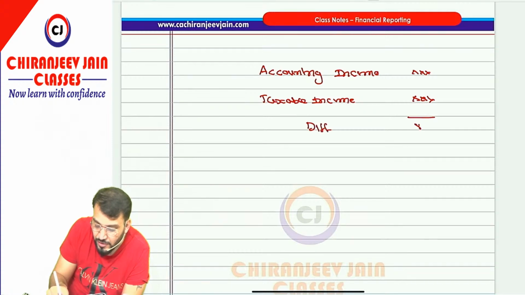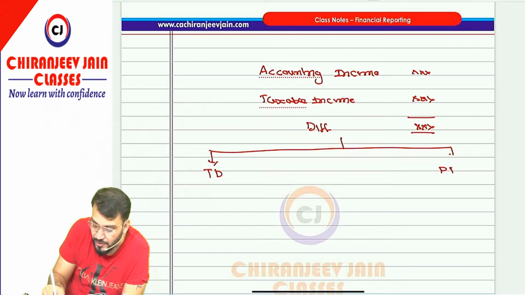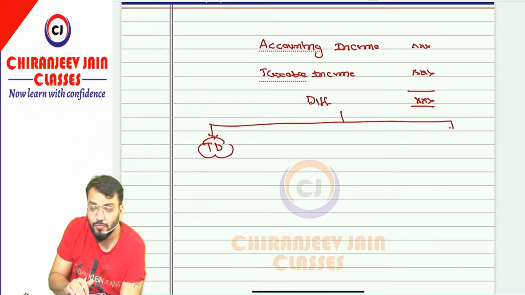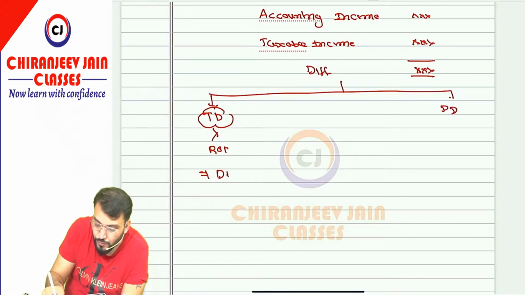One is known as timing difference, we call it TD, and one is known as permanent difference, we call it PD. Correct? So whatever timing difference there is, on this we apply the rate of tax, and this will become deferred tax. But on permanent difference we don't calculate any deferred tax, no deferred tax.